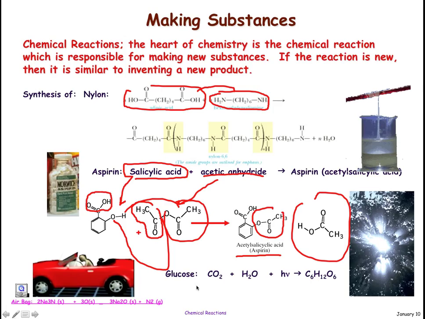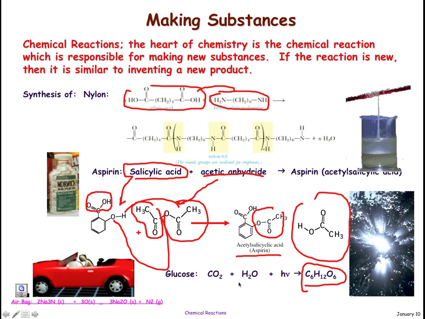This third reaction is the reaction by which Mother Nature takes carbon dioxide, that's the gas that we breathe out, with water in the presence of light to give this chemical right here, which is glucose, which is nothing more than a sugar. And you notice it's not balanced right now.